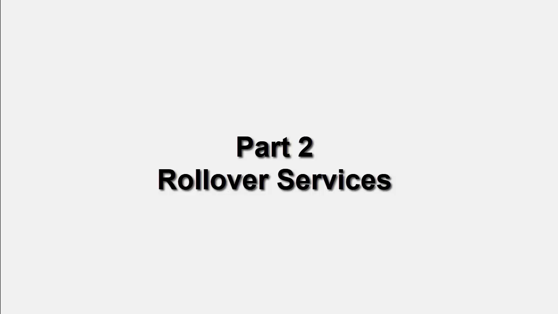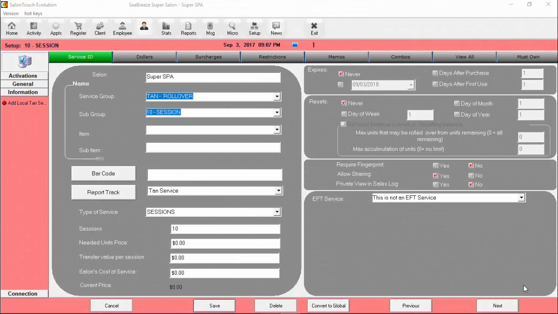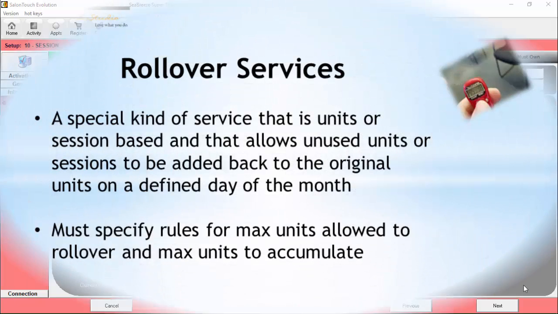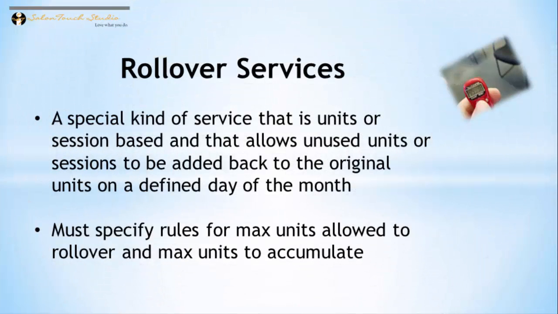In part 1 we talked about reset services. Now let's talk about rollover services. So rollover services are very similar to reset services, but there are slight differences. The rollover service allows the sessions or the units to accumulate each month without losing any unused units.